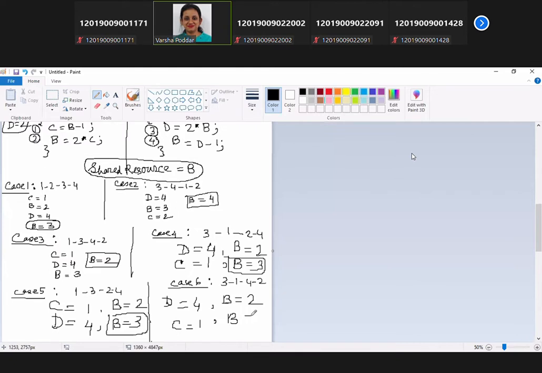You can see if I run by these cases, then the value of B can be either 4 or 2 or 3. So 3 types of values I am getting.